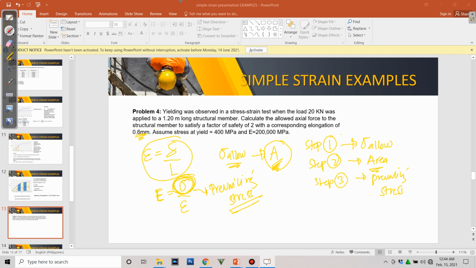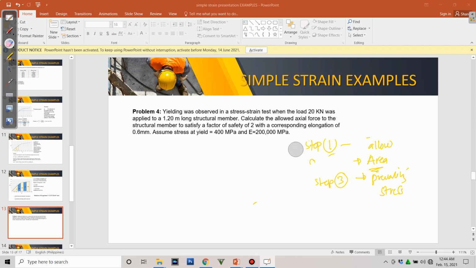That is the sequence of our solution. So don't get confused, because from the given in the problem, we start with the stress at yield equivalent to 400 megapascal. I'm going now to present my solution, so let me erase this one. Moving on to the next slide.